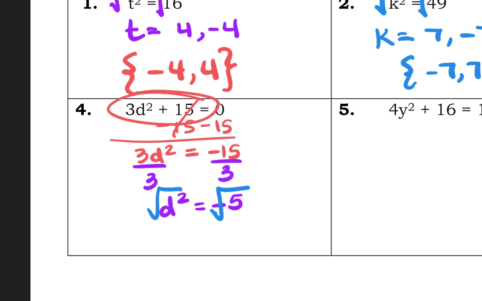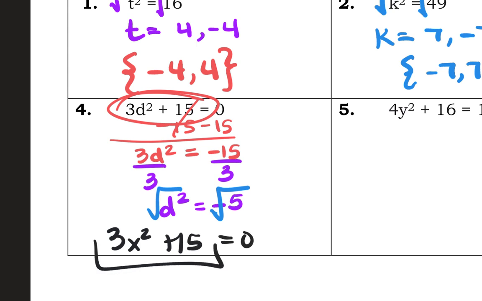So let's graph that piece right there. Let's graph 3x squared plus 15, right? Because we cannot enter the d. We got to put an x. So let's do 3x squared, so control doc, 3x squared plus 15. All right, you don't see it, so where do we go to check?